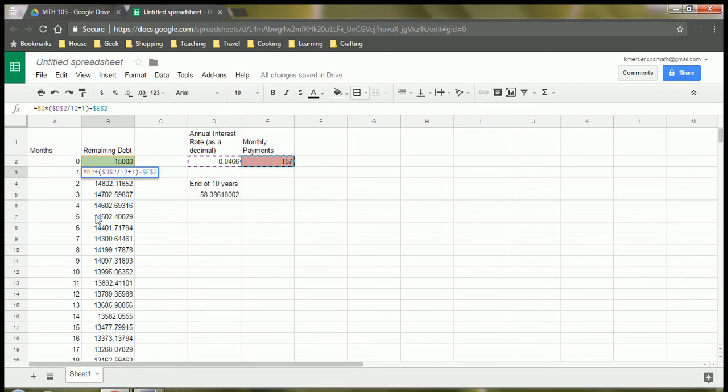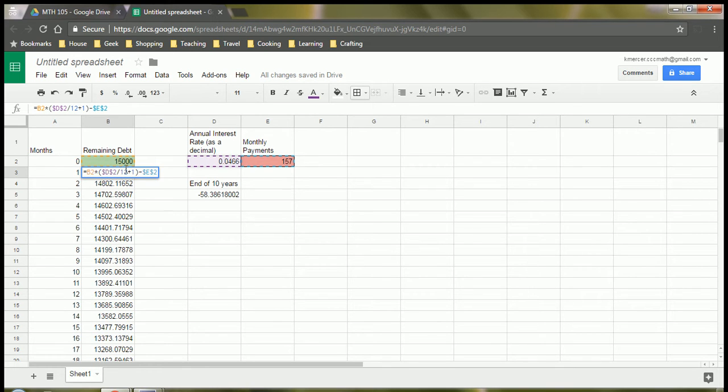So the way we set up the formulas to make this happen, this is just one way of doing it. You take your previous amount of debt and you multiply by the interest. And we were calling this an interest multiplier, and that might be what you make this box over here instead. You can do it either way, either putting the interest rate over here or doing the mathematics here. So if this is already a decimal, you would take that annual interest rate and divide it by 12 because you want the monthly interest rate.